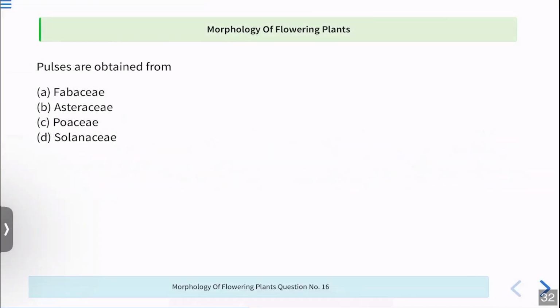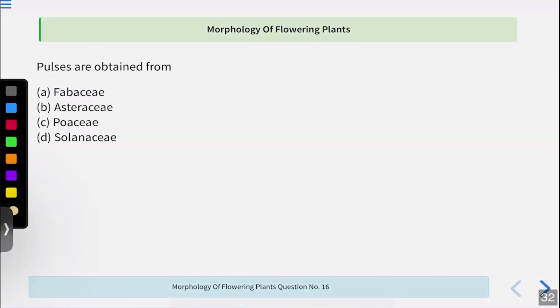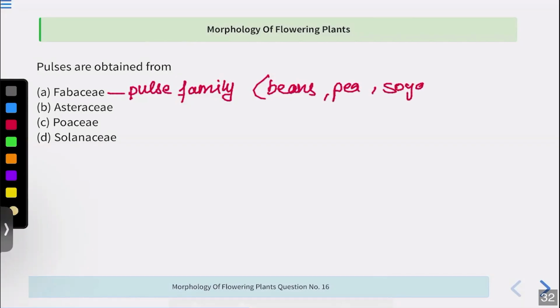Now again, pulses are obtained from. I told you Fabaceae is the pulse family. Beans, pea, soya, and all that.